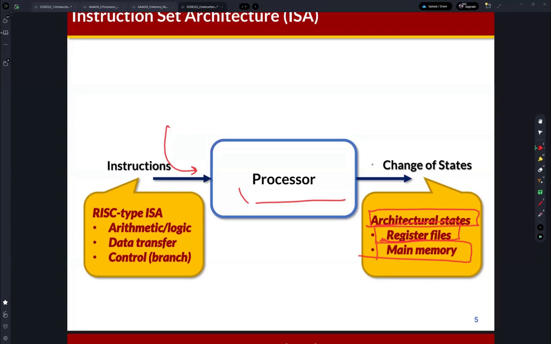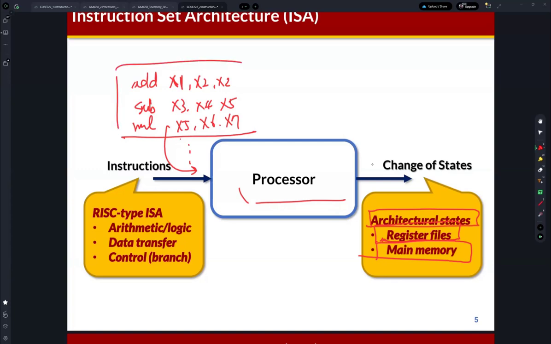For example, add x1, because RISC-V uses x for registers, and then sub x3, x4, x5, and then multiply x4, x5, x6, x7, and so on. There are many instructions, and these instructions are given to a processor one by one, sequentially from top to bottom.